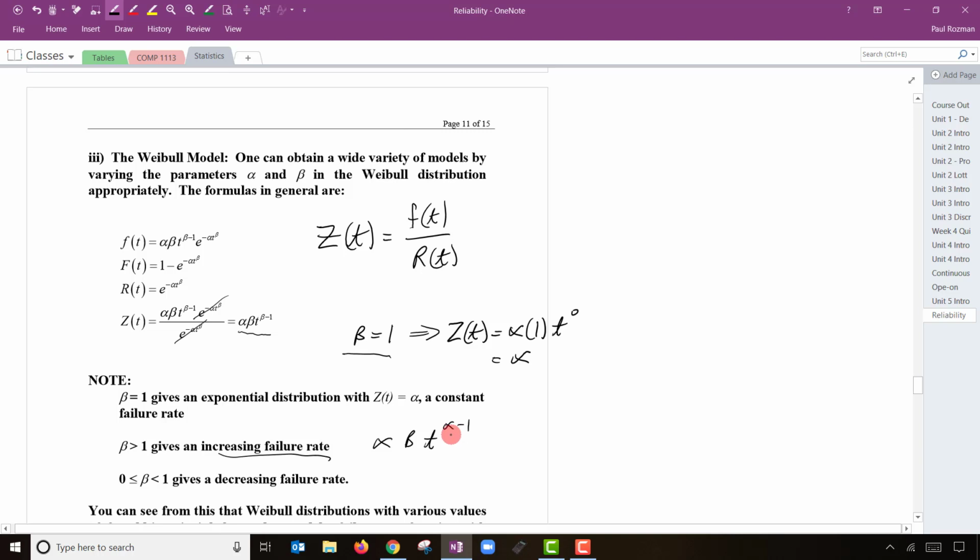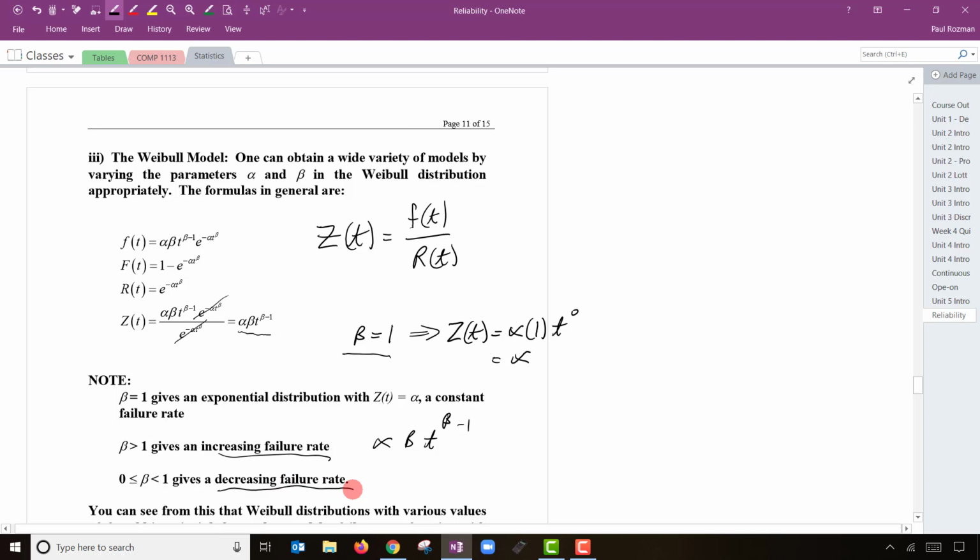But if you plug in a value between 0 and 1, you get t to a fraction. The exponent will be negative even. So it'll be like alpha beta over t to a power, which is something that's decreasing.